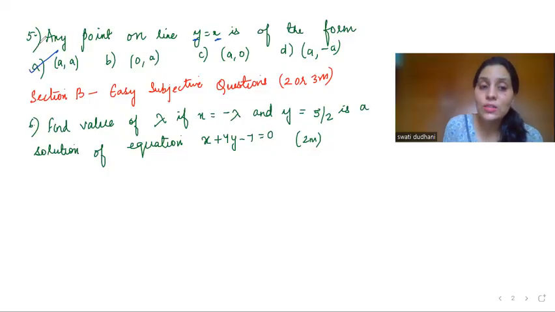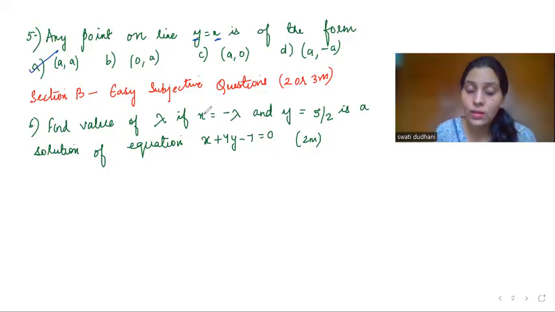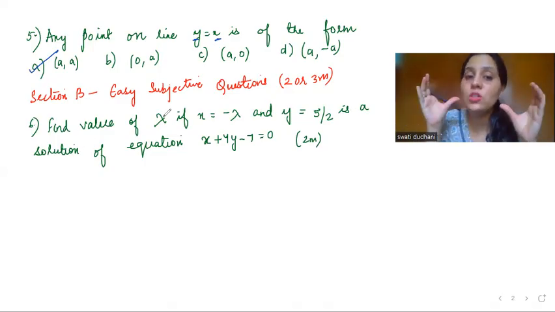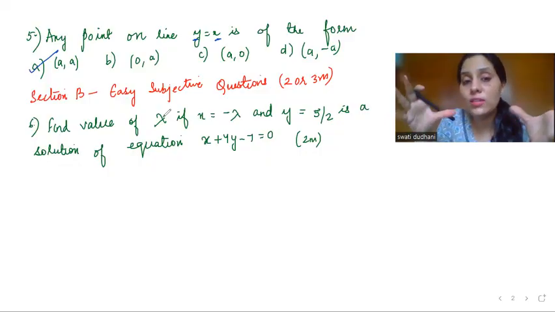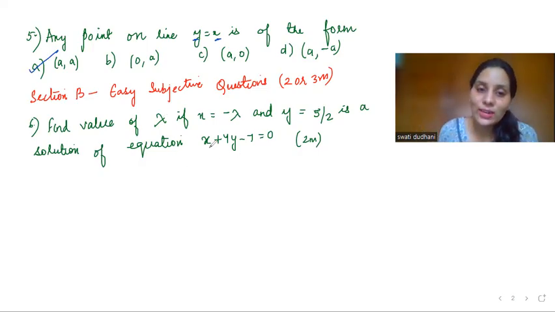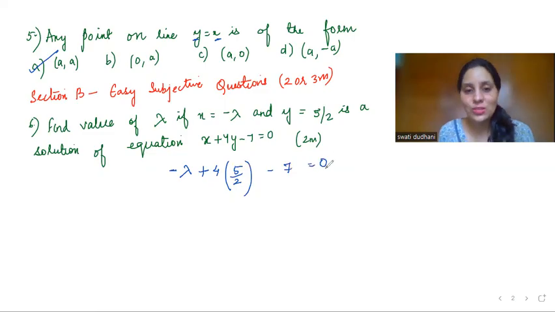First one is find the value of lambda if x equal to negative lambda and y equal to 5 by 2 is a solution of the equation. When you have it as the solution, it means it is the root, it is the answer. So basically you will just substitute the values of x and y in the equation. So x is minus lambda plus 4 into y is 5 by 2 minus 7 equal to 0.